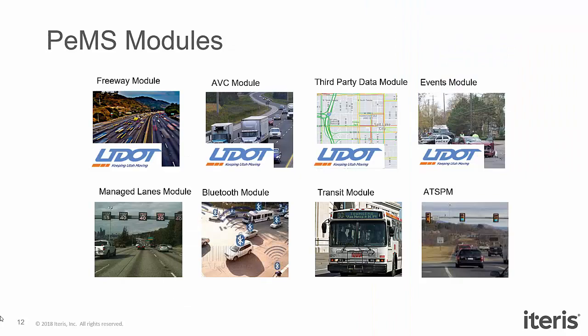In terms of the types of functions that we do as a company, what we'll do tomorrow is the freeway module and the ABC module. So we pull in the classification data as well. That's a relatively new feature in the freeway PEMS. What we'll do mostly today is the third-party module. We do a small component of this.